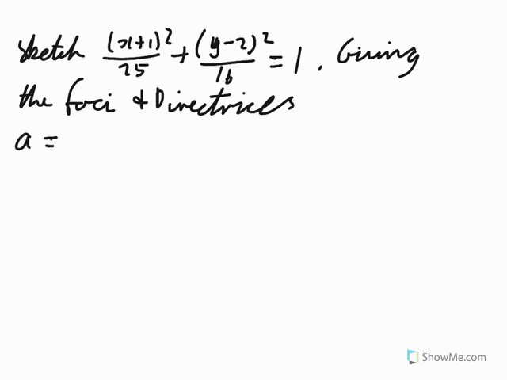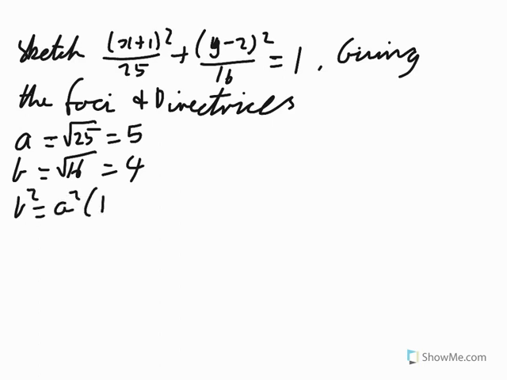A is the square root of 25, so 5 for that. B is the square root of 16, 4 for that. If we're going to get the foci and the directrices, we need the eccentricity, and the eccentricity is connected by b squared equals a squared times 1 minus e squared.